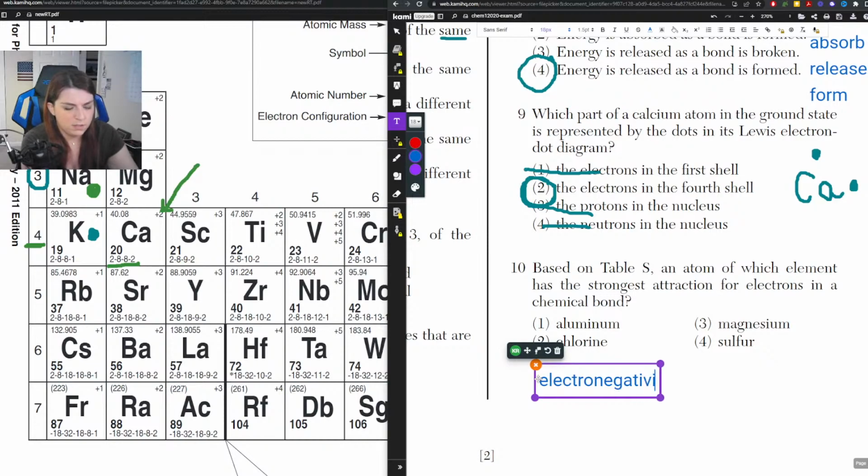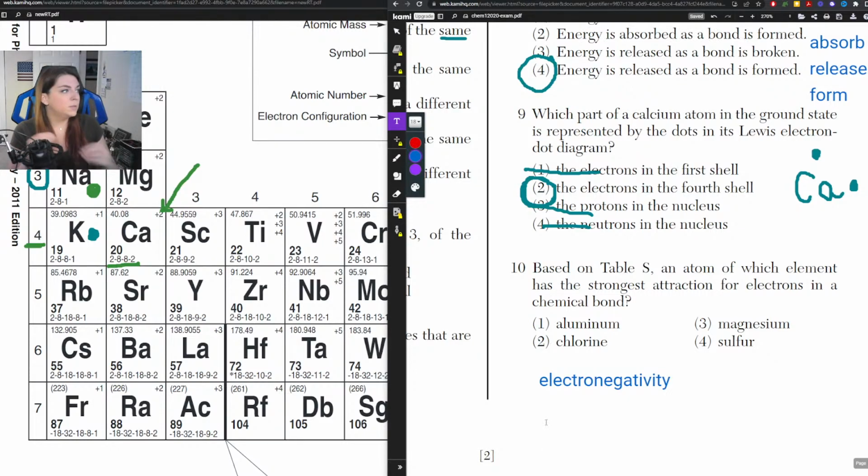Electronegativity is when one atom is bonded to another. They're sharing those electrons, and it's how unfairly they're trying to share that electron. The higher electronegativity means that that atom is kind of hogging the electron and not sharing it very nicely.